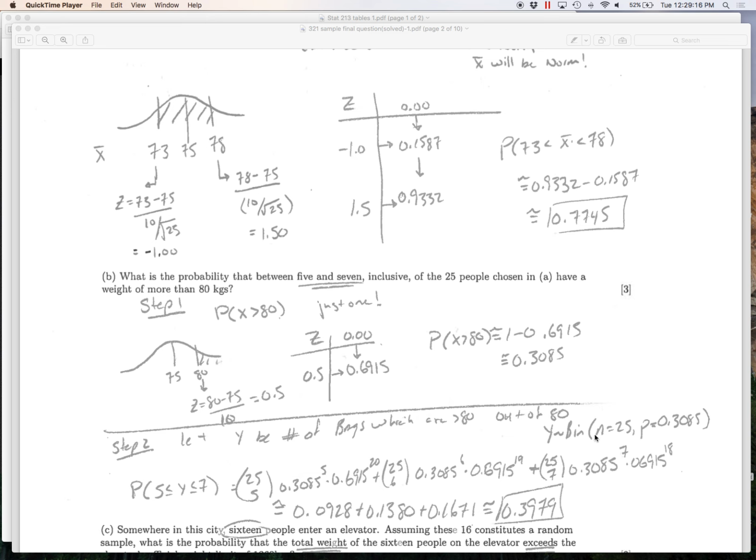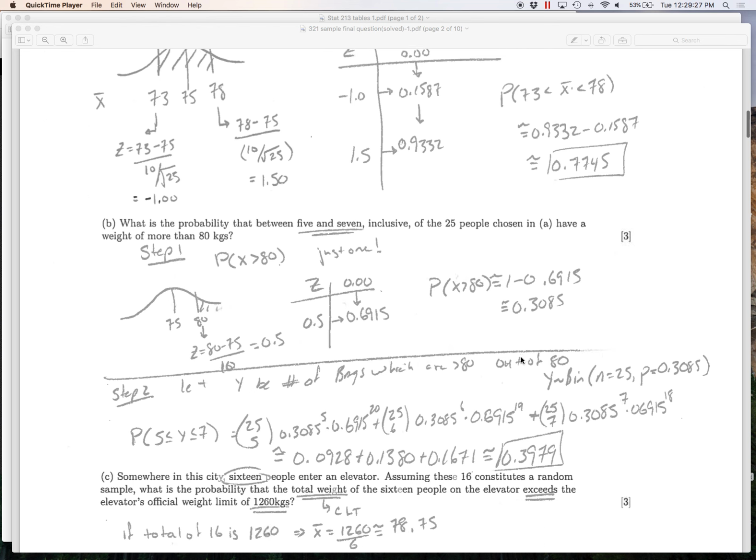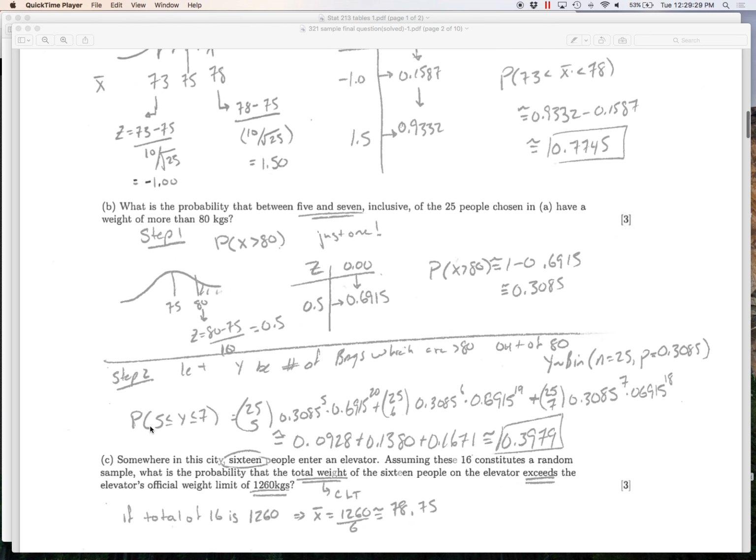Now we're going to repeat this process 25 times, and the probability of success of being over 80K is 0.308, just like I calculated from step 1. So then I'm going to find the probability of this being between 5 and 7 inclusive, including these points. I'll have to use the binomial PDF here 3 times, once for 5, once for 6, and once for 7. I'll add them all up, and I get the probability of B is then about 40%.